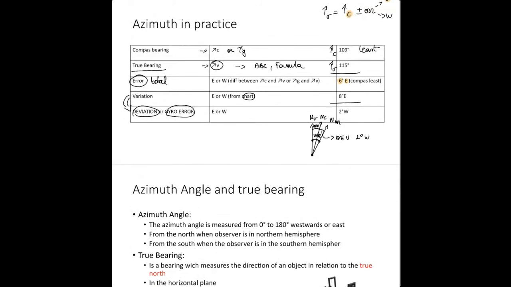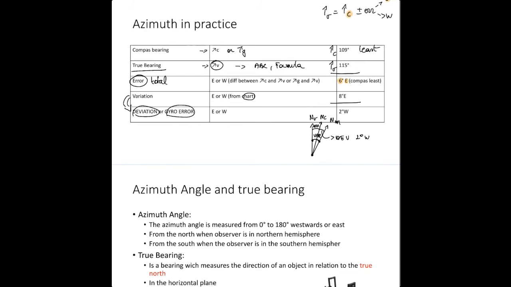If we know the azimuth, we know in which direction we should look to find a certain celestial body. This will also help us in the future when we are doing intercepts. If you know the true bearing, you can determine lines of position. Lines of position are always perpendicular to the true bearing.